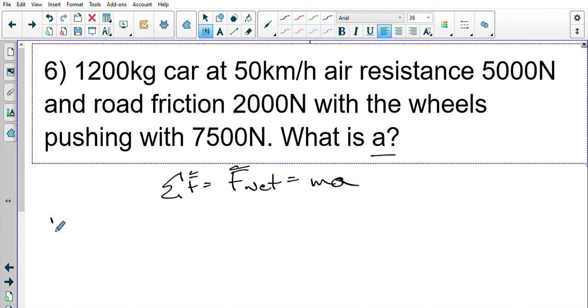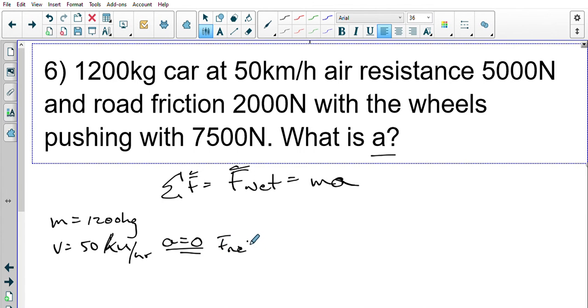So we have our mass of 1,200 kilograms. We're told velocity is equal to 50 kilometers per hour. Why do they tell us? It just tells us that the acceleration is equal to 0. And so if that F net just means our net force, then it's going to be equal to 0 as well.